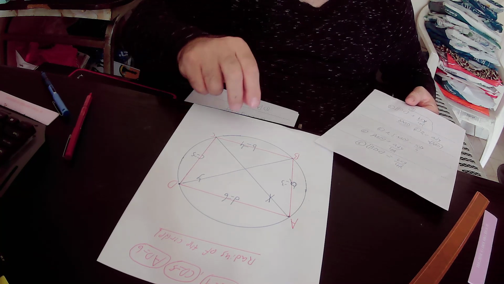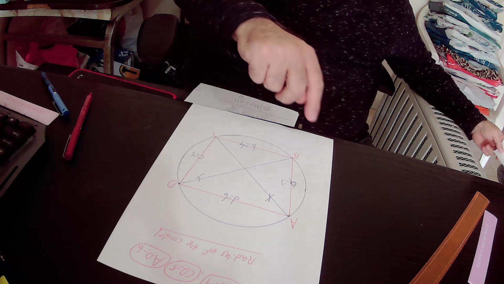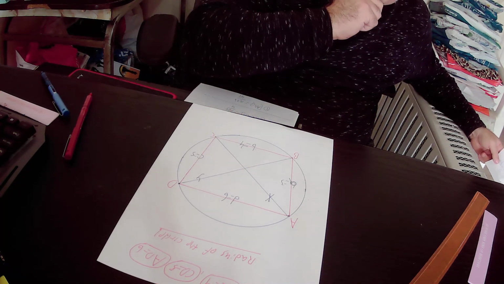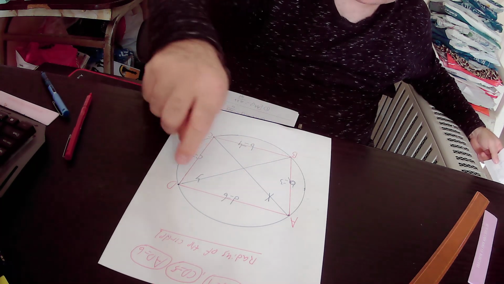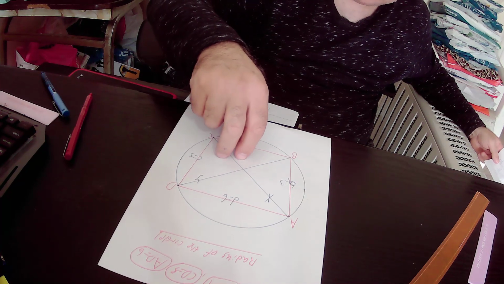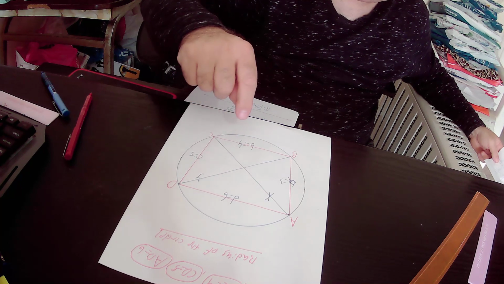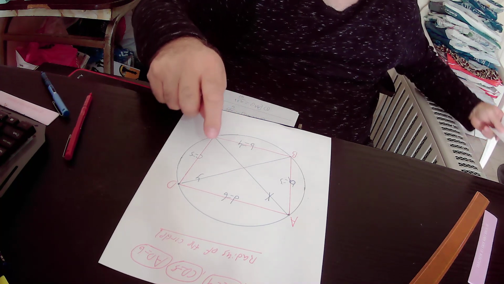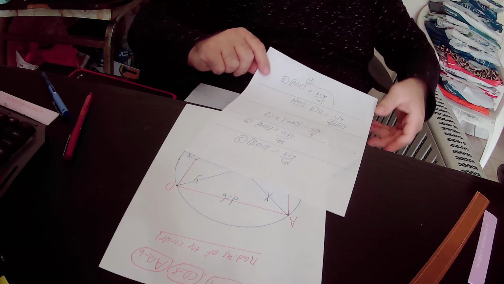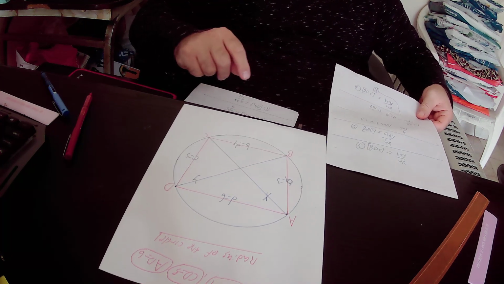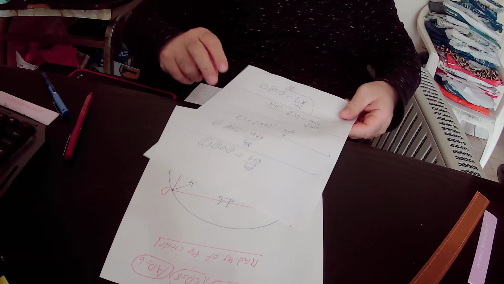Then we focused on triangle BDC. Triangle BDC is inscribed by this blue circle. Therefore, according to rule number 3, the radius of this circle that blocks triangle BDC will be equal to the product of triangle BDC sides, that is to say it will be equal to b times c times y over 4 times the area of triangle BDC.